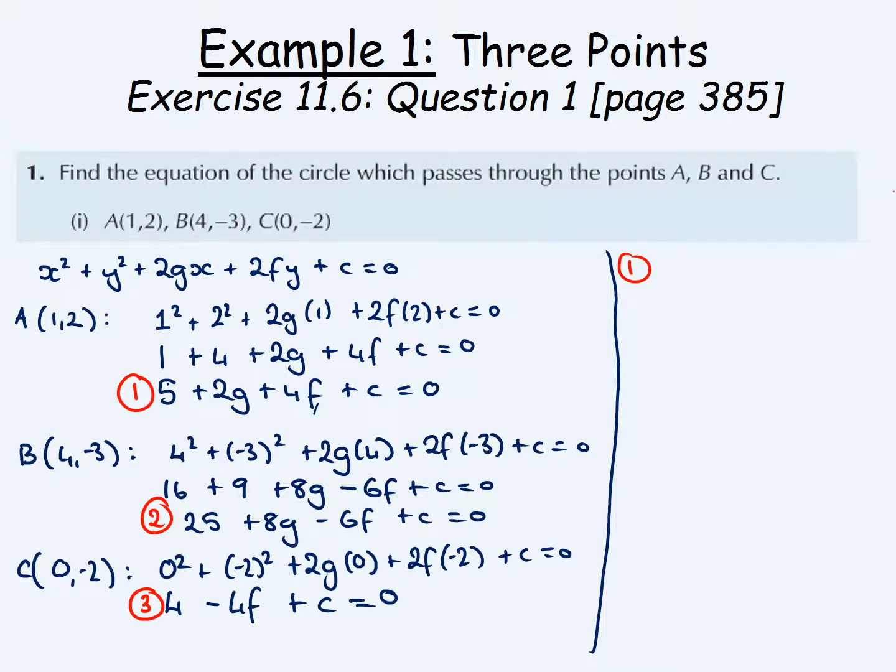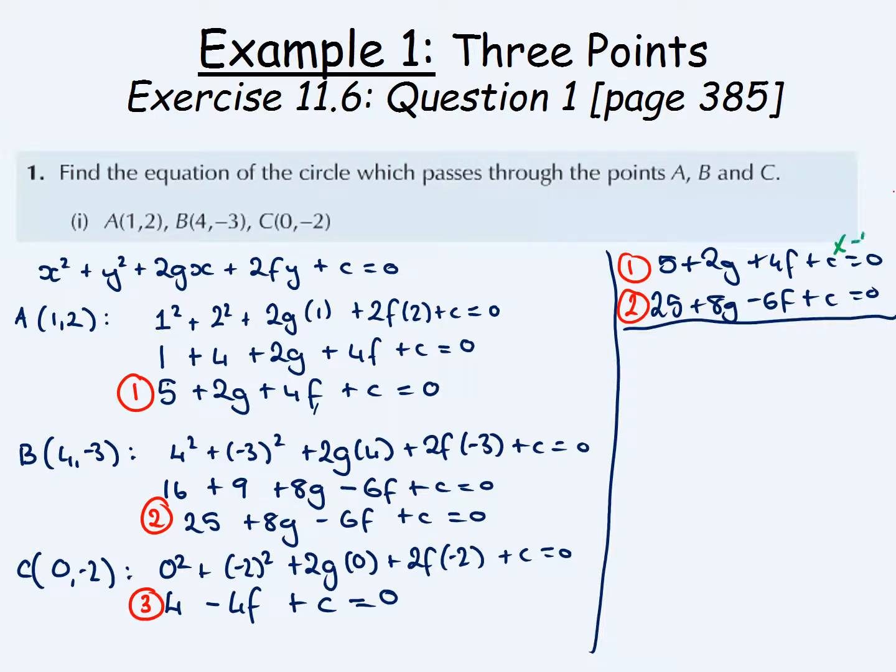Equation 1 is 5 plus 2g plus 4f plus c equals 0, and equation 2 is 25 plus 8g minus 6f plus c equals 0. To do this, I'm going to multiply the top line by minus 4, so we have some elimination going on.